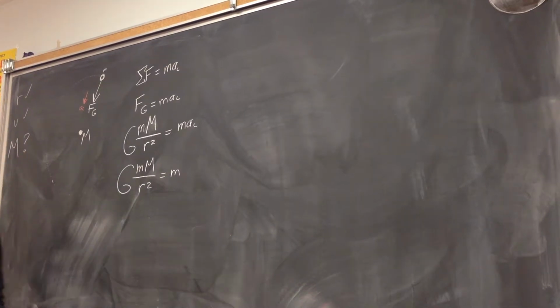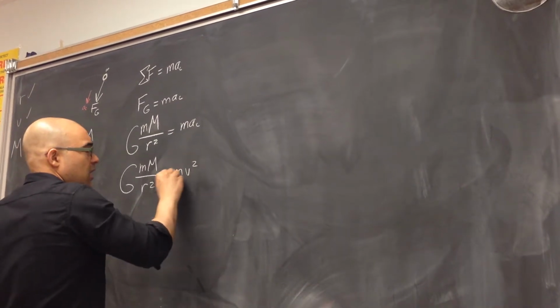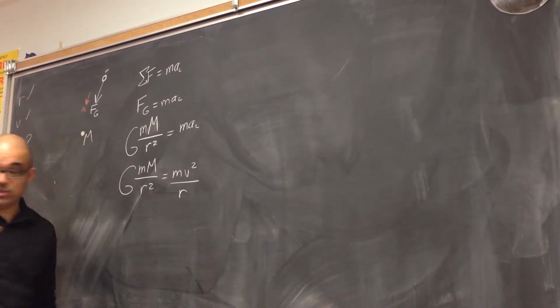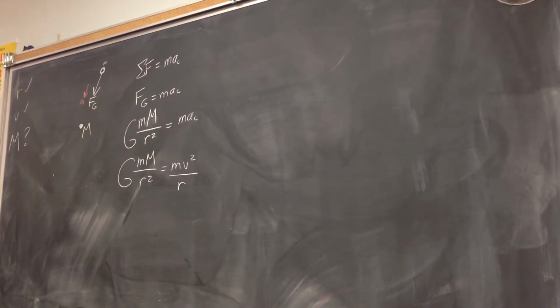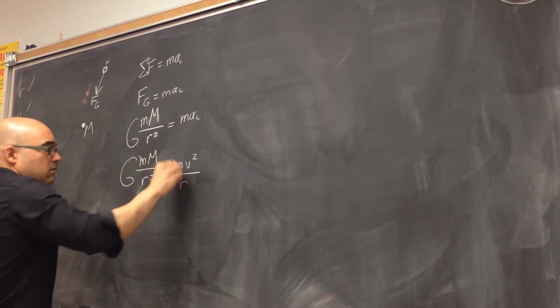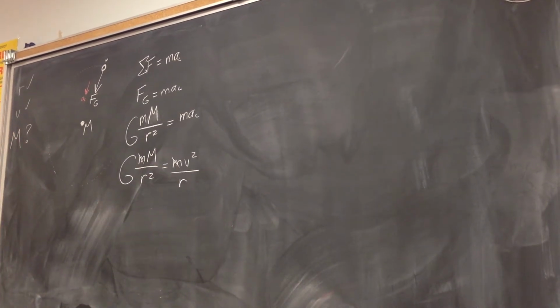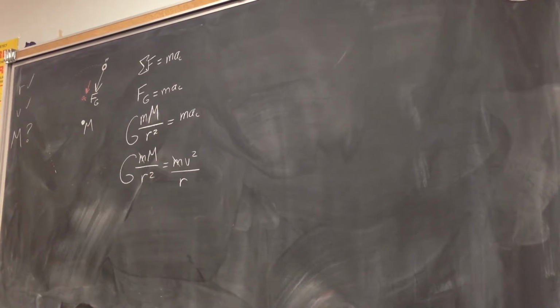Now, since we're dealing with uniform circular motion, we have a centripetal acceleration, we can make the substitution v squared over r, speed squared over radius, which is what you discovered at the start of UCM. That's the UCM1 learning goal result. And make that substitution. Get the mass on both sides. So you don't need to know the mass of the debris or the material orbiting the black hole.